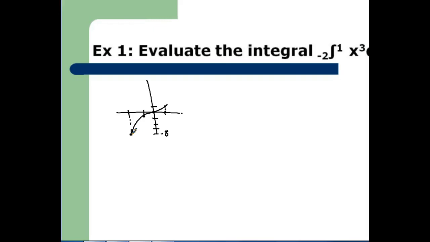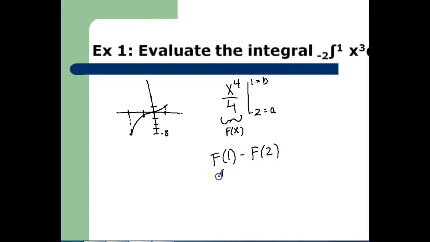We know how to find the antiderivative. What's the antiderivative of x cubed? Our rule says this is my b, this is my a. Here we refer to this as capital F of x. So it's capital F of 1 minus capital F of -2, or in this case, 1/4 minus (-2) to the 4th over 4.